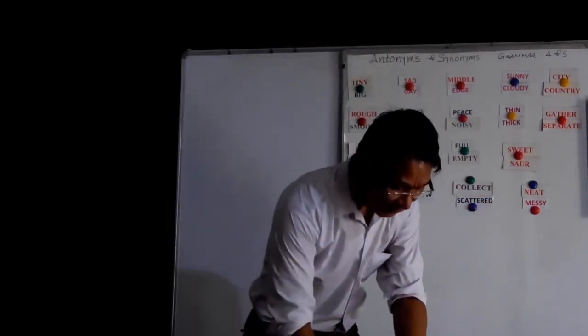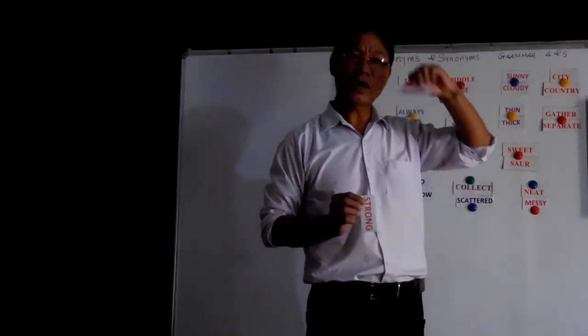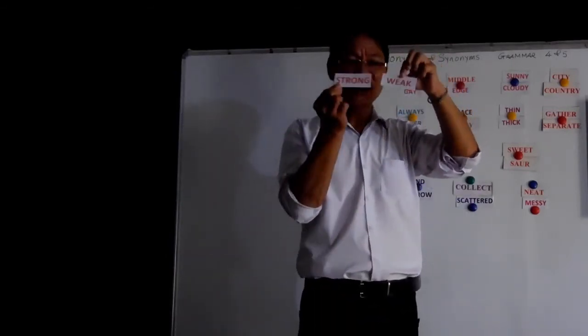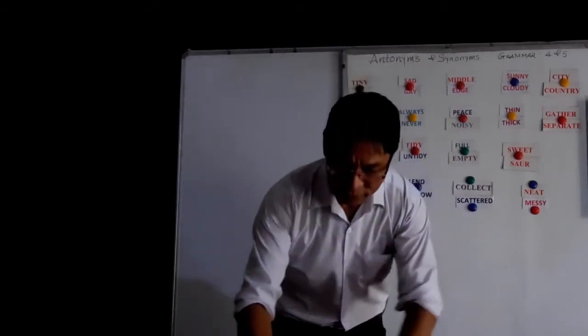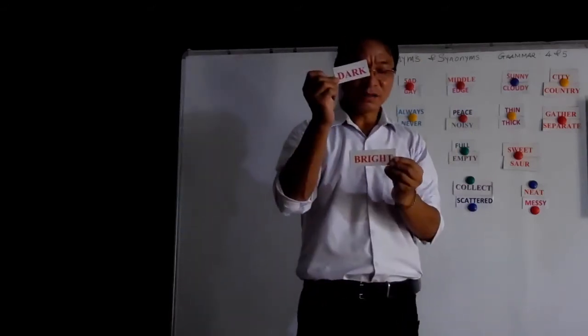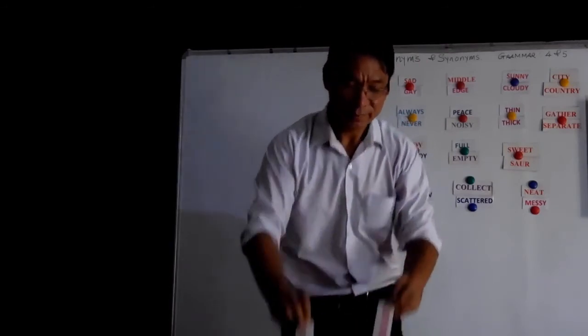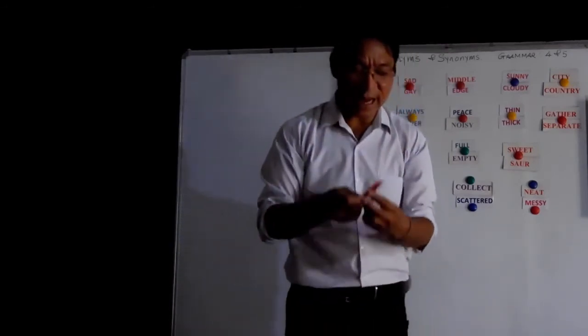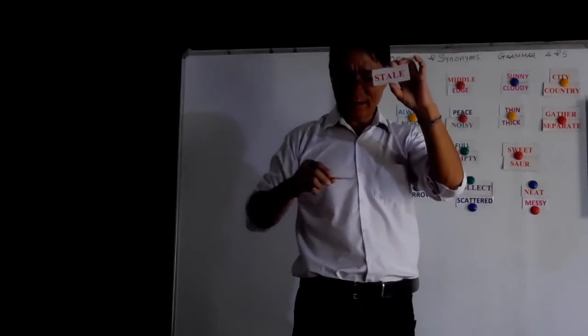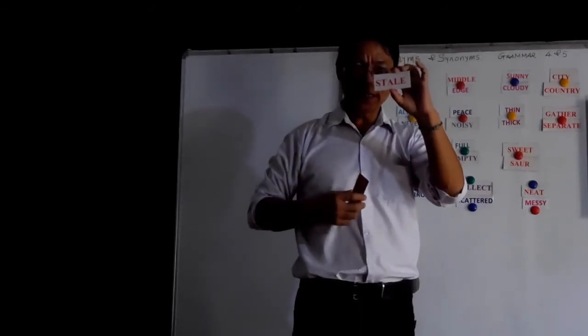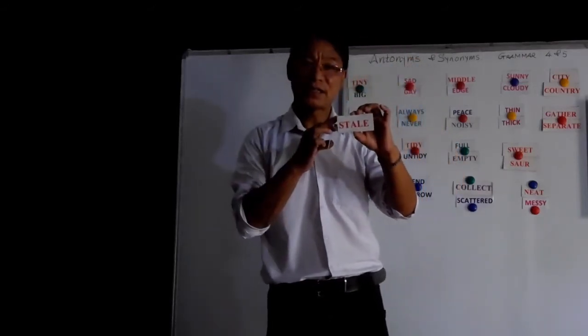Apart from that, we have very easy ones, weak and strong. We have dark and bright. Next one I have here is stale. Stale, you know what stale means? Stale means old and not fresh.